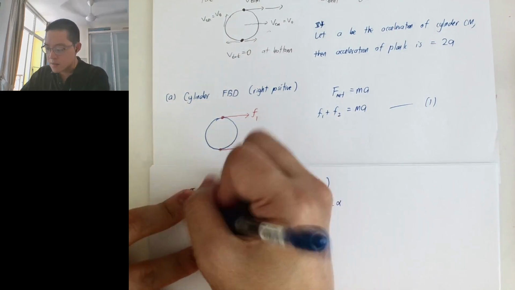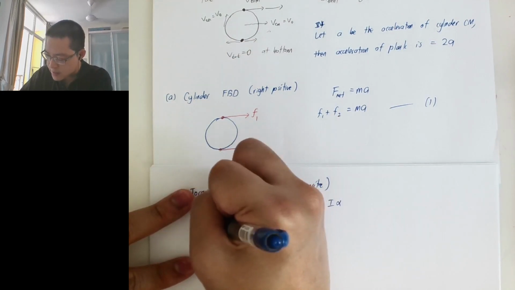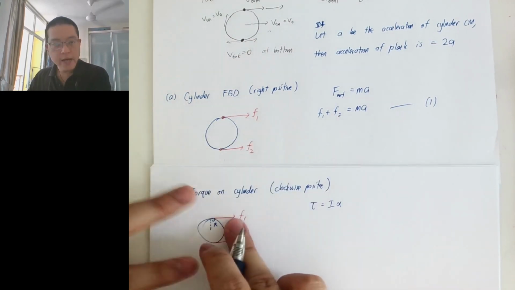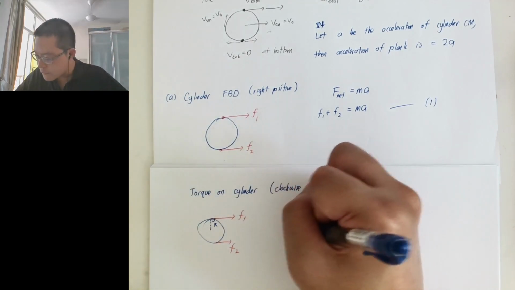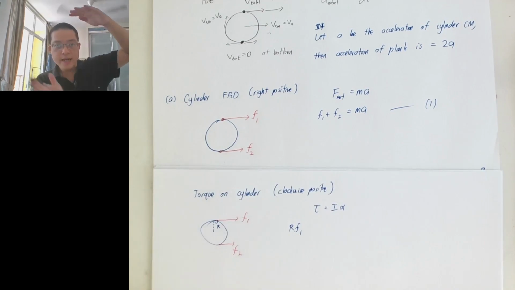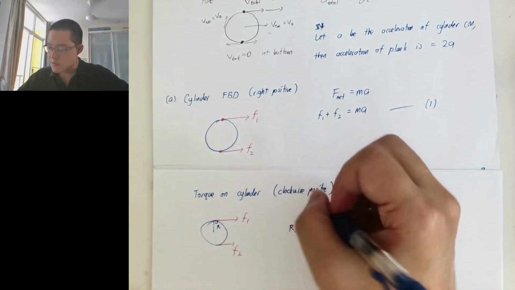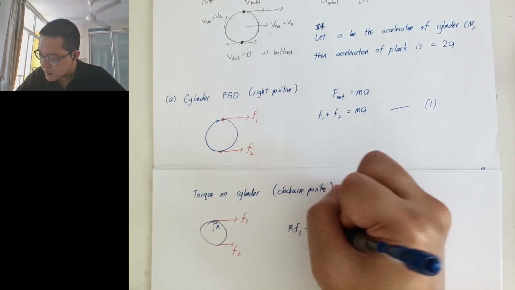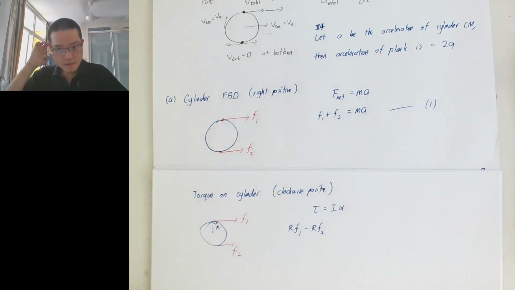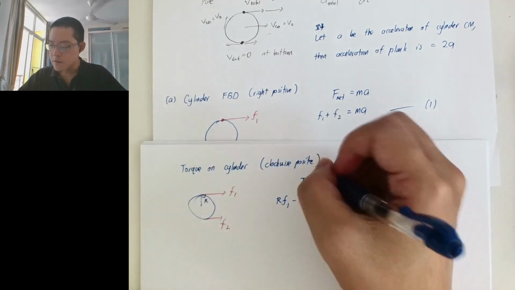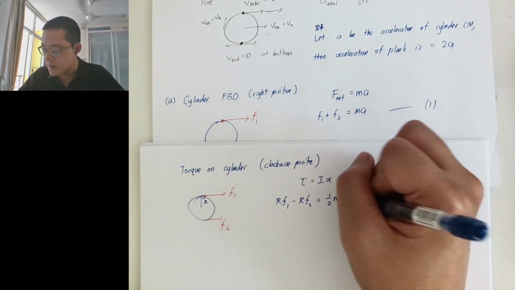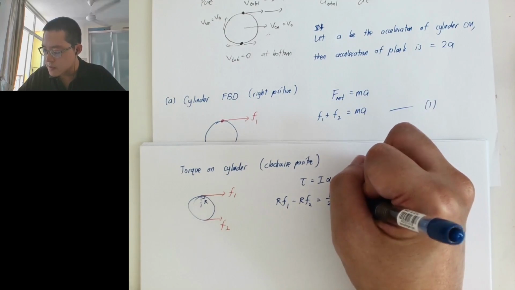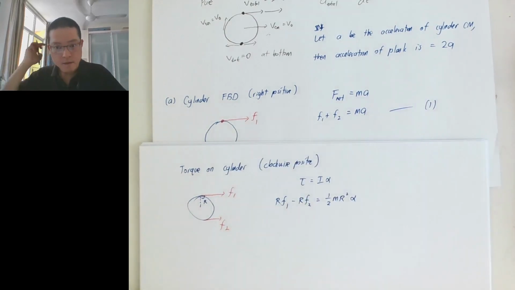Then what is the torque? The torque is force times perpendicular distance, R. So F1 is giving a clockwise torque, so R times F1. F2 is the anti-clockwise tendency, so I got the minus R F2. Then the moment of inertia is half m r squared, and then alpha.